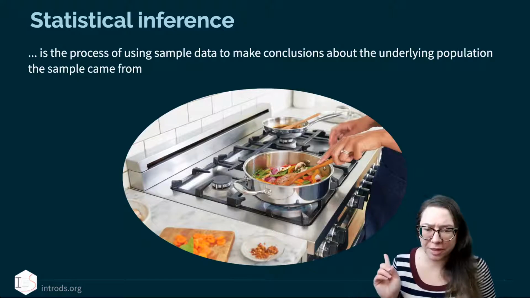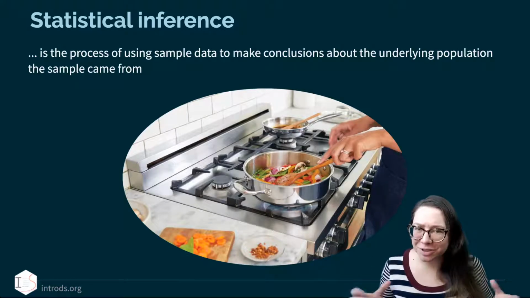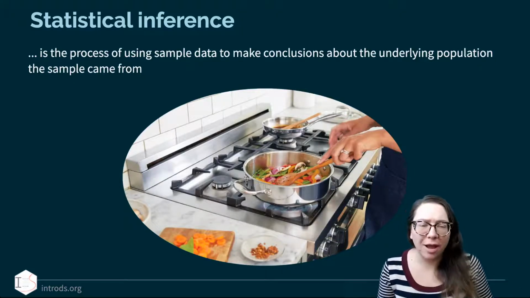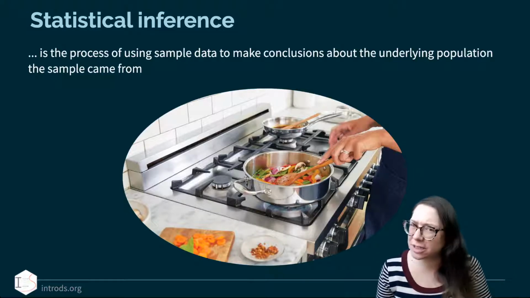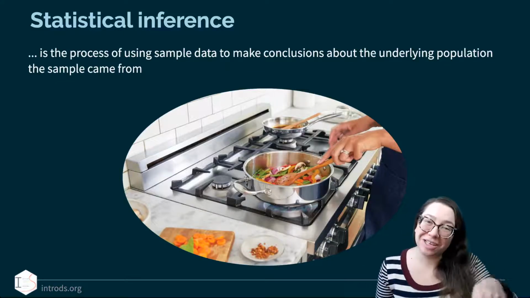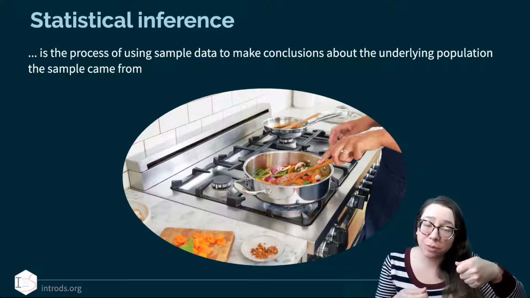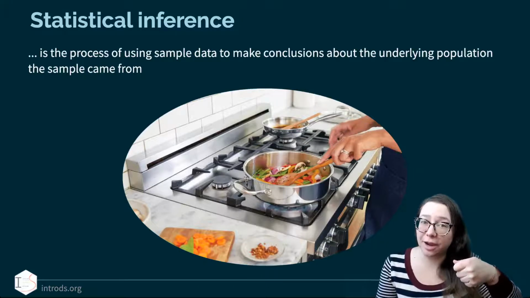You might be thinking, why is there a picture of somebody cooking here? Let's imagine you're making some vegetable soup. You chop up your veggies and put them all in the pot, you pour some water over it, and then you start cooking. And at some point you ask yourself, did I salt this thing? Is it salty enough? Do you drink the entire pot of soup, or do you just take a spoonful, taste it, and then based on the spoonful that you've taken, infer the salt level of the entire pot?